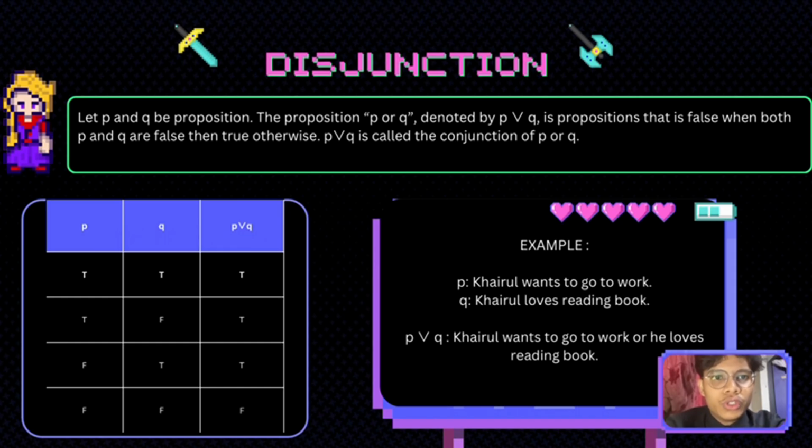P true, Q false, P ∨ Q is true. P false, Q true, P ∨ Q is true. P false, Q false, P ∨ Q is false. For the example, P: Hairul wants to go to work. Q: Hairul loves reading books. P ∨ Q: Hairul wants to go to work or he loves reading books.